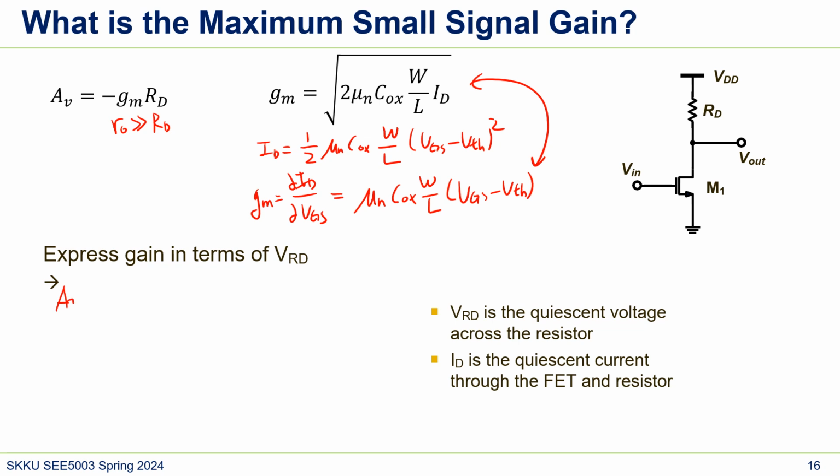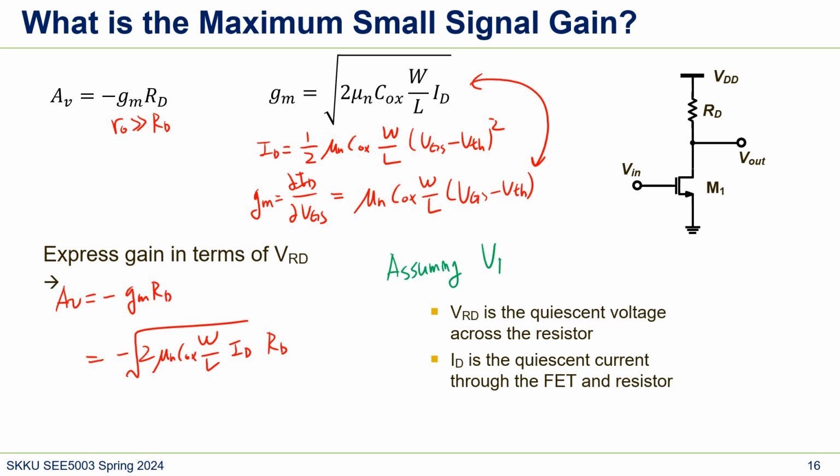So AV was minus GM RD, right? But let's just use that GM term. So it will be minus the square root of 2 mu n COX W over L, and then ID and RD. And then here's some trick. We're going to make an assumption: assuming VRD is constant.